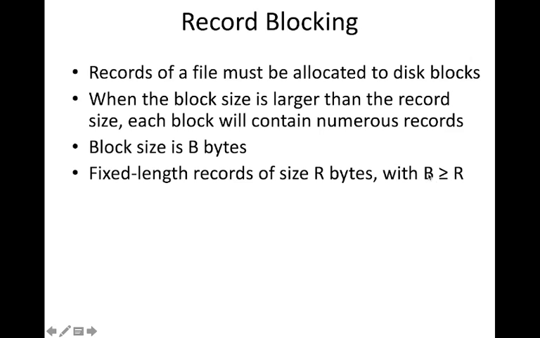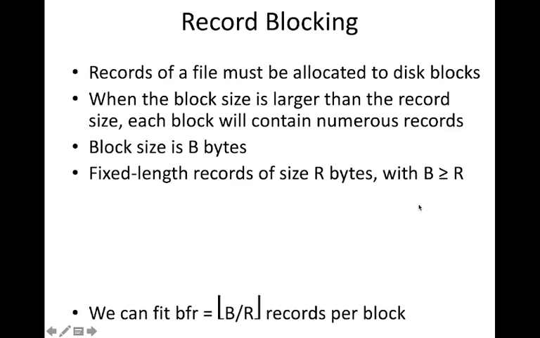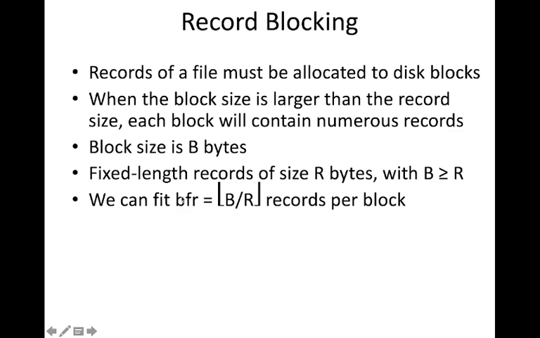The block size is 500 bytes and the record size is just 50 bytes, so in that block we can store 10 records. How many records can be stored in a block is given by the formula B by R, where B is the block size and R is the record size. In the previous case it is 500 by 50, so we can fit 10.